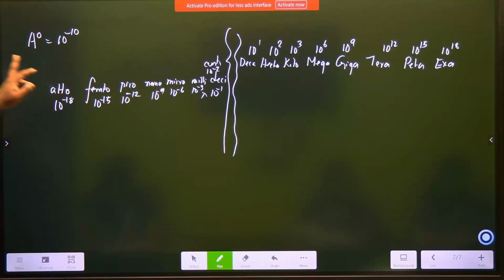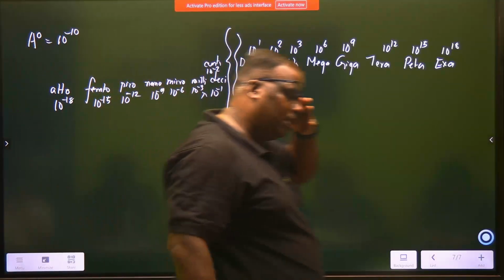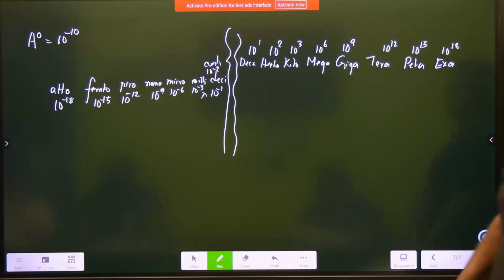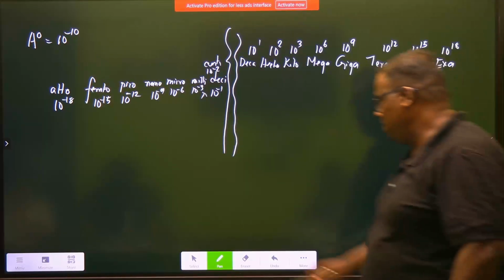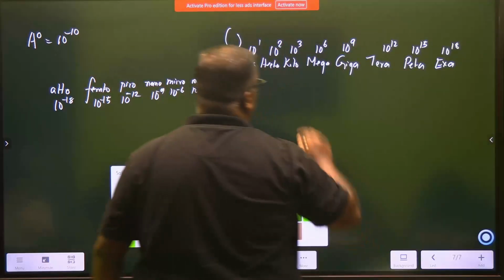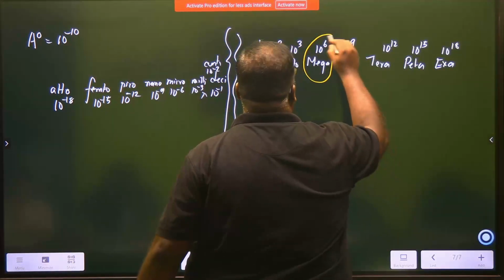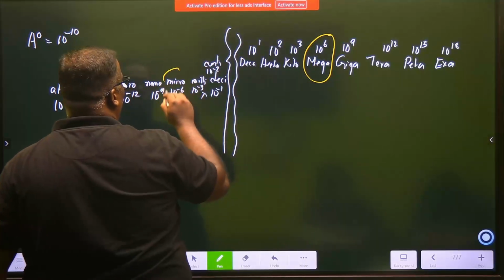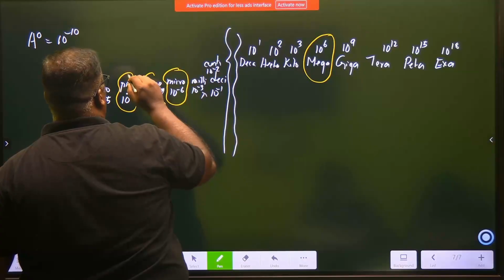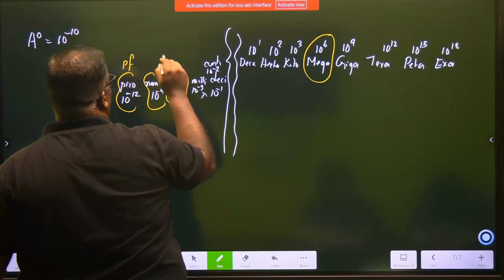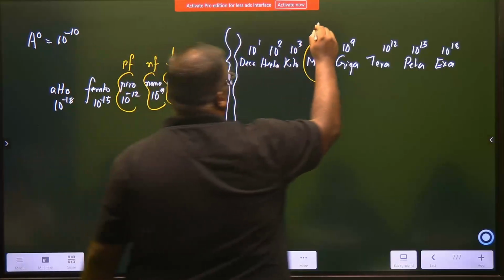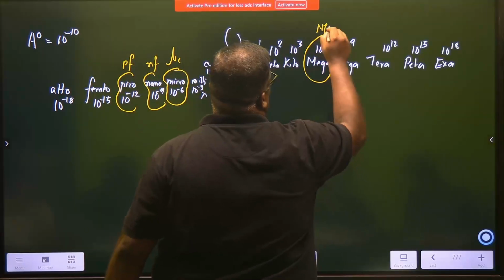No, you should not memorize these, but you will need them. When you do capacitance, you will get megafarad, microfarad, nanofarad, and picofarad.